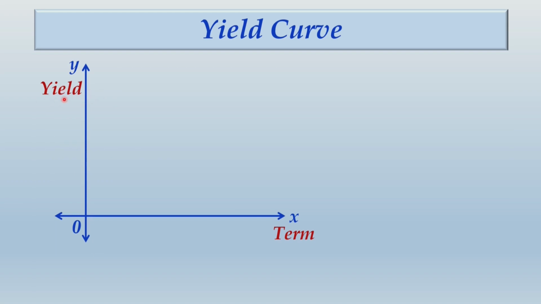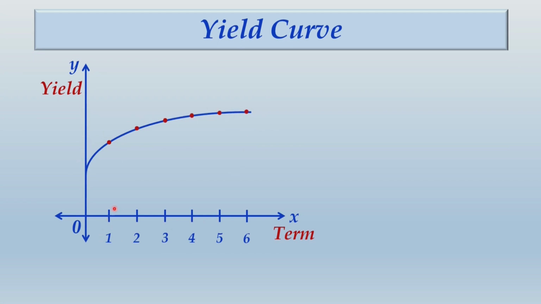We are simply calling this as yield. So as we discussed some time back, the longer the remaining term for the maturity, the higher would be the yield rate offered by the bond. So what would happen if you are presenting the relationship between the term and yield rate graphically? I told you that it will be a trend moving upward and it will not be a straight line, it will be a curve. So just understand that this curve is indicating a yield curve.